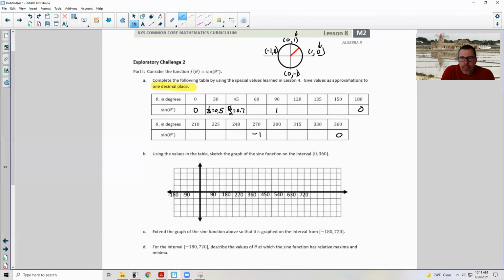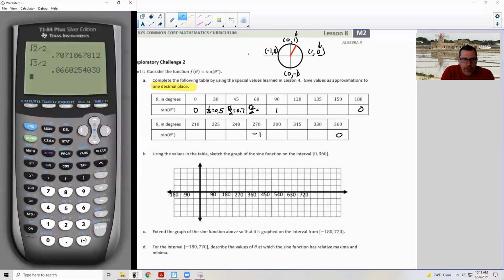And then at 60 degrees, we're just flipping that 30-60-90 triangle now. Here's 60 degrees. So it's not the half, it's the other. It's the √3 divided by 2. And √3/2 I've done in the calculator already to save time, and it's 0.86. Rounding to 1 decimal place rounds that up to 0.9.